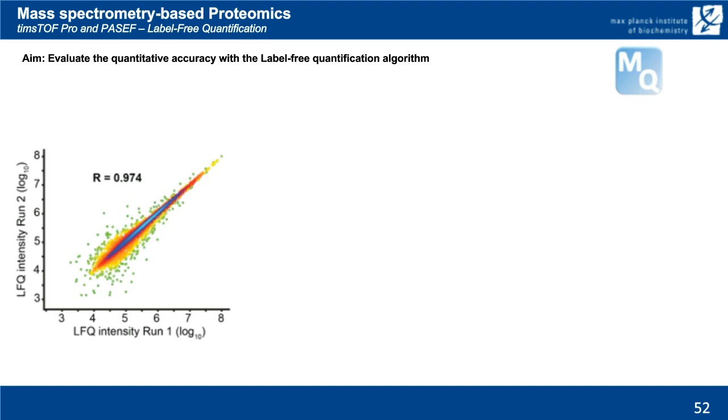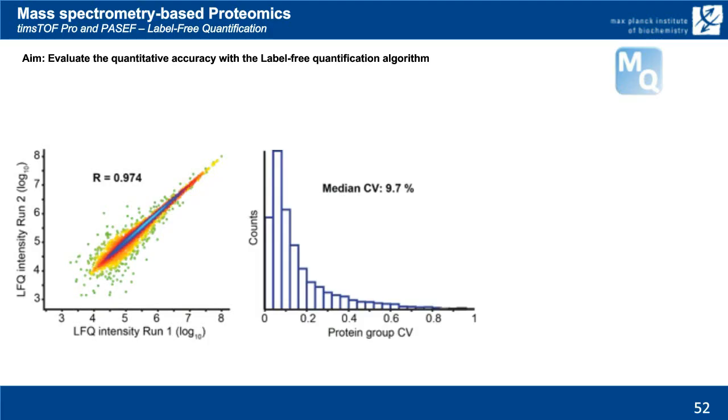So in the next step, we also wanted to evaluate the quantitative performance of the label-free quantification algorithm of MaxQuant on the timsTOF Pro data, and we found out that the run-to-run reproducibility was super high, with a Pearson correlation coefficient of 0.974, and also with a median coefficient of variation on protein group level of below 10%.